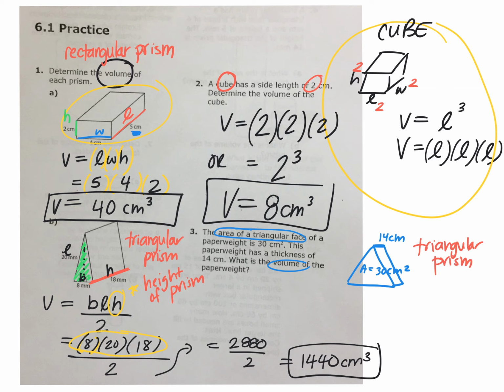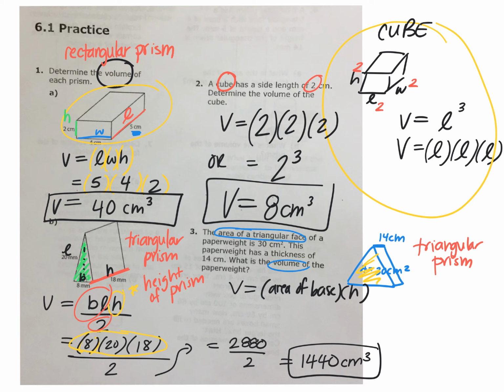Now, there's actually a step you can skip in this one because the volume of a triangular prism is equal to the area of the base, so whatever the area of the base is, times the height. Normally, in the last question here, we actually had to calculate the area of the base and then multiply by the height.